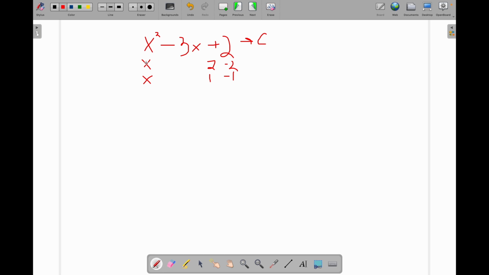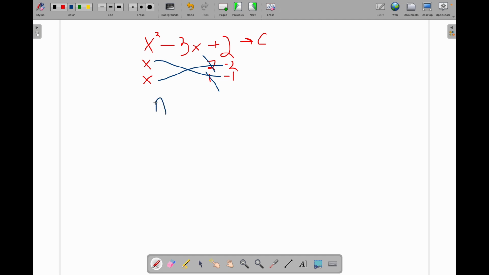Then what you're going to do is combine these to this x plus 2, or x minus 2, and this x plus 1, x minus 1. But we're going to see it's not going to be this 2 or 1. How does this work? When you divide 2 and get its factors of negative 2 and negative 1, you're going to multiply it with the one across.